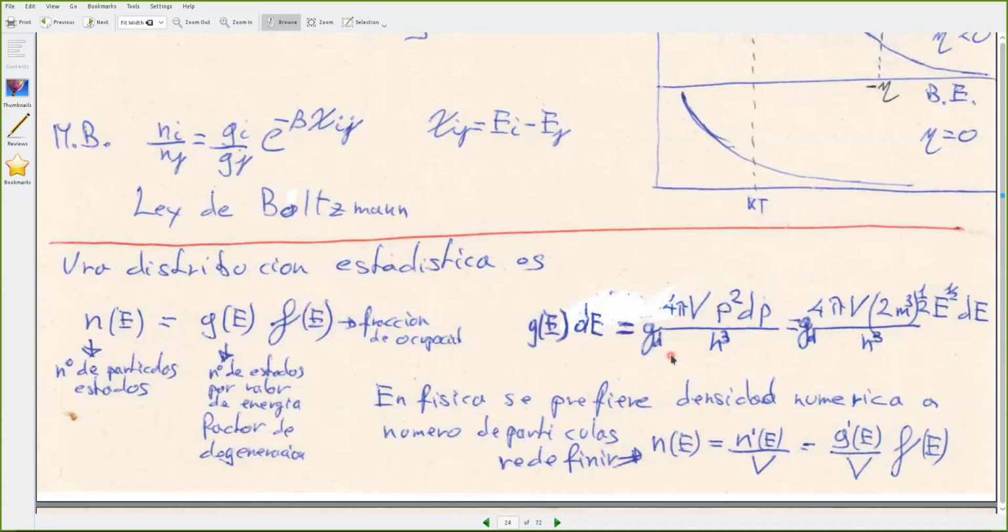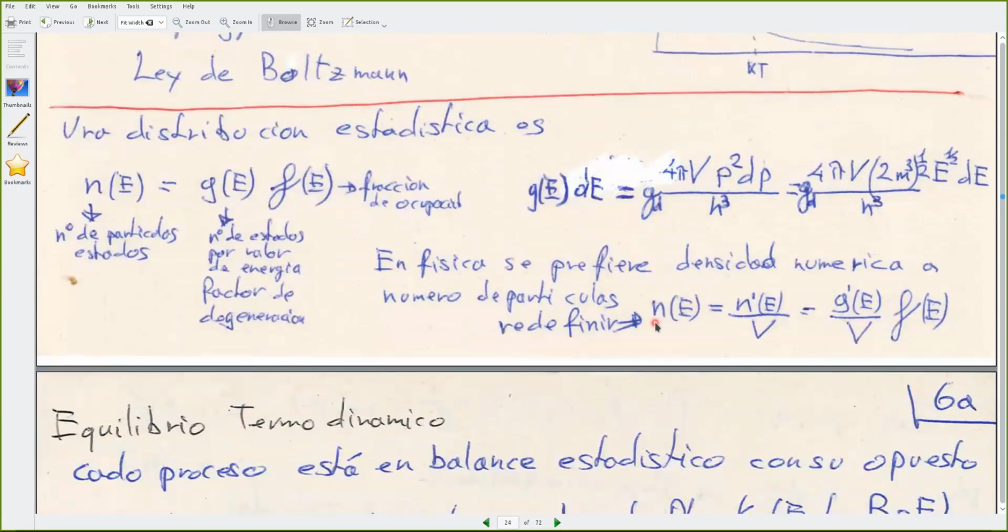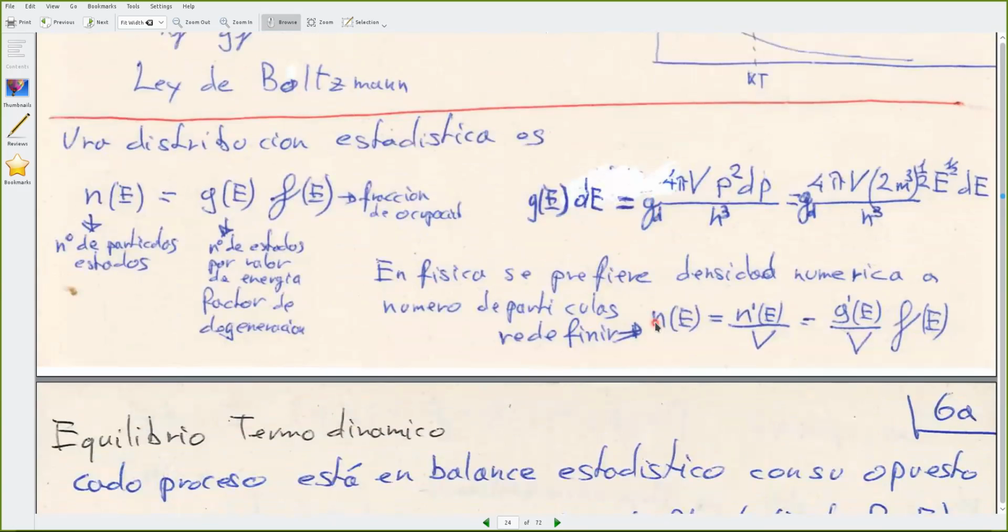Here the total g_d is the value for the degeneracy. In Fermi-Dirac, this is 2, for example. In other cases, you can also have 2 for the polarization, as in the case of the photon.